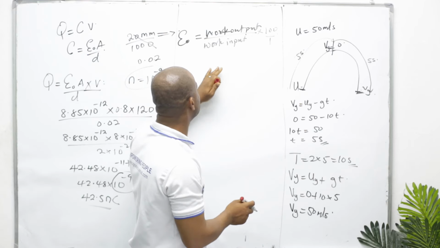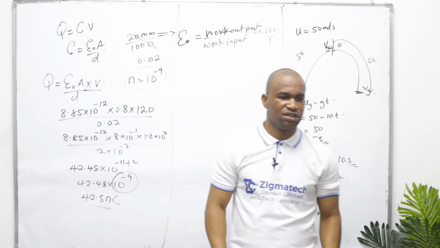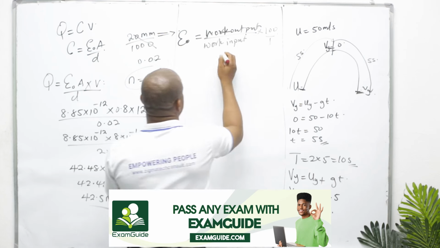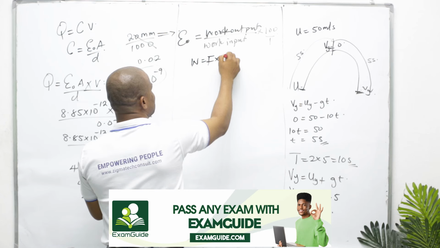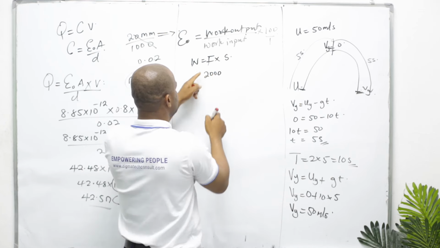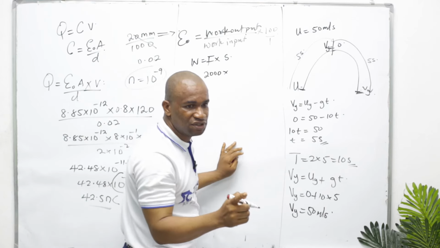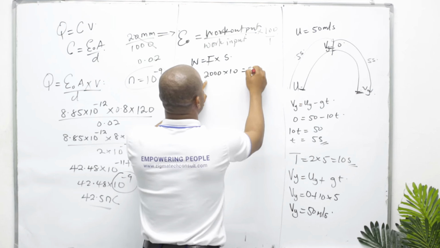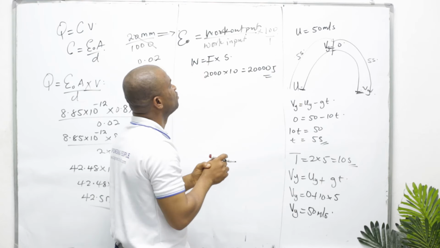Work is force times distance. The force there is going to be 2,000 because 200 times 10 is 2,000, times the distance it has moved, 10, which is 20,000 joules. So that is the work output.